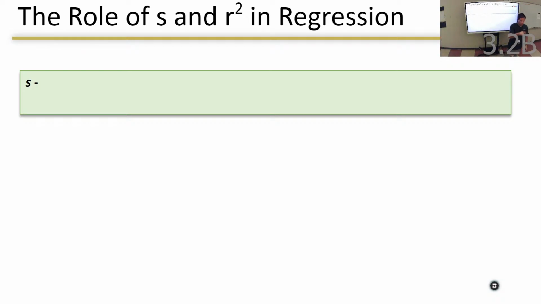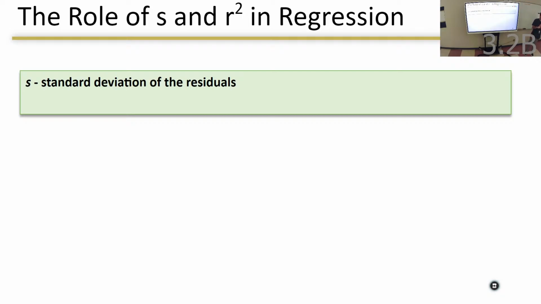Y'all remember when I showed you on that calculator how we go over to that second side, because it gives you that S value? I said we're going to use that. S is the standard deviation of the residuals. Now you've got to know what standard deviation is, and what a residual is.